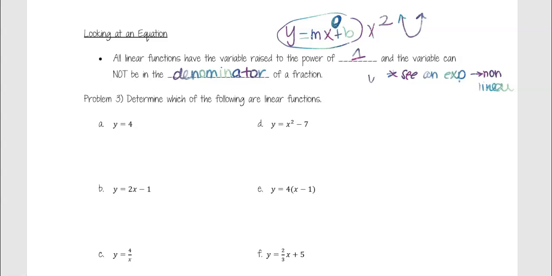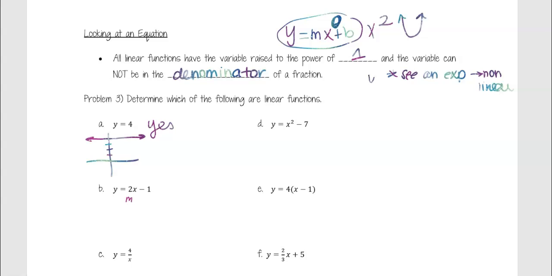So determine which of the following are linear functions. Y equals 4, there are no exponents, and the variable isn't in the denominator, so yes, it's a linear function. We know what y equals 4 is, guys. I'm going to 4 on the y-axis. It's a horizontal line. You should know that one, okay? B, y equals 2x minus 1.